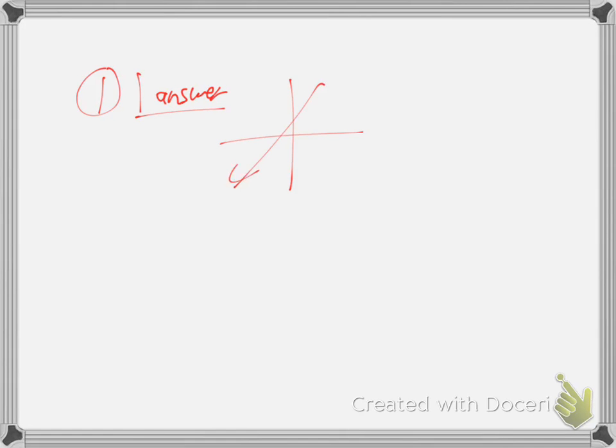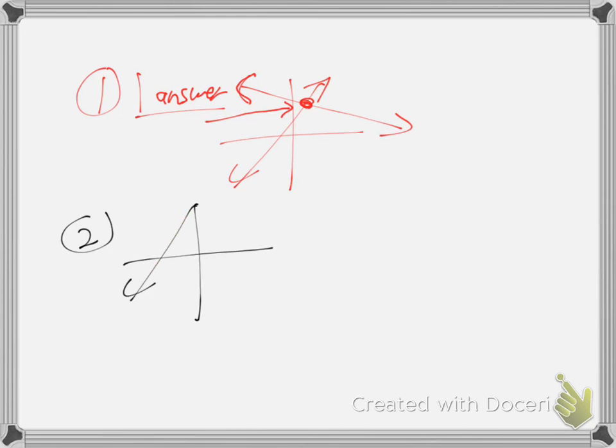You have a couple of lines and they meet in one point. One answer. That answer right there. Case two is the two lines can be parallel, and that's no answer. Two lines can be parallel. They're not hitting each other, no answers.